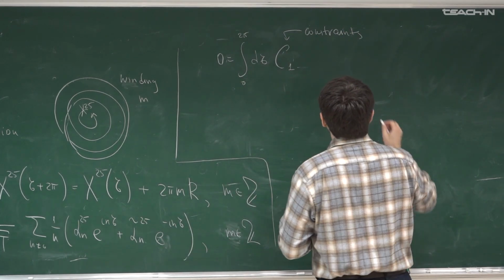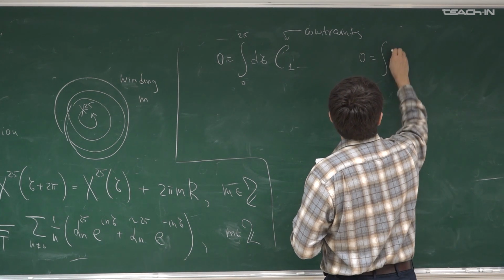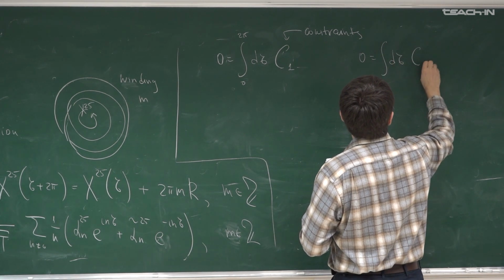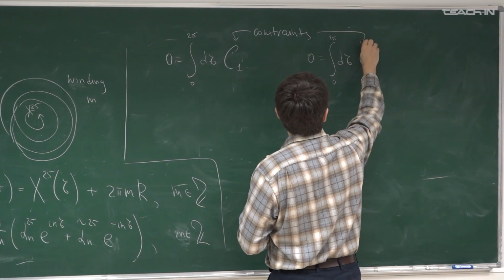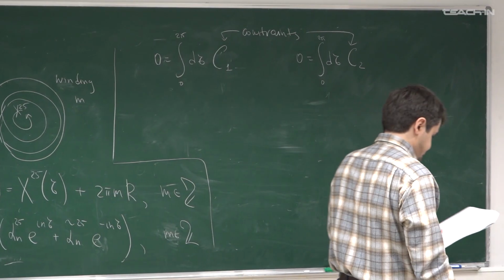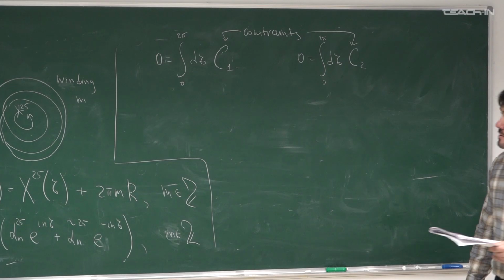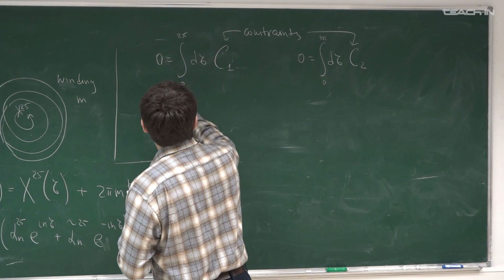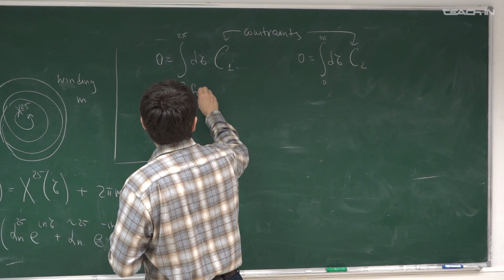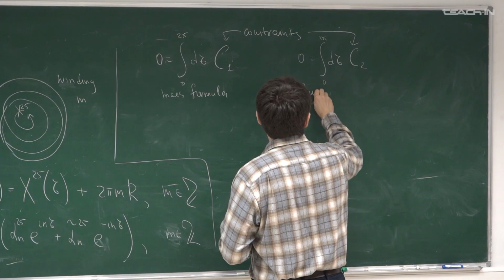And the other, the level matching, comes from integrating the second constraint. So from here we get the mass formula, and we get level matching.